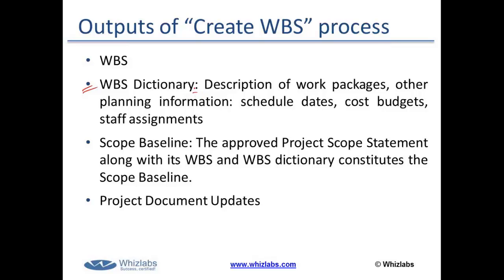For example, you saw the work breakdown structure, which has the numbering system 1.1, 1.1.1, 1.1.2, etc. So you'll have a separate document called the WBS dictionary, which elaborates on every work component with the same numbering system, just like the glossary, index, or table of contents of a book.